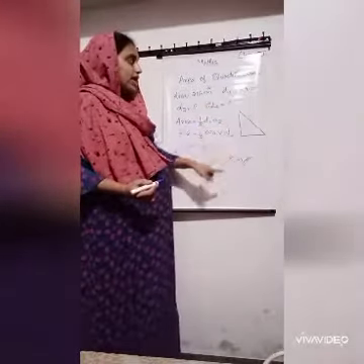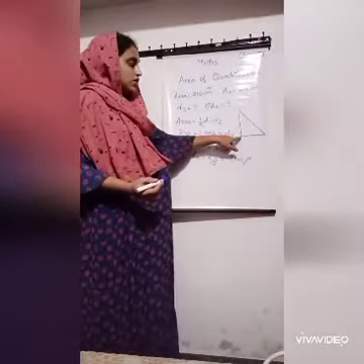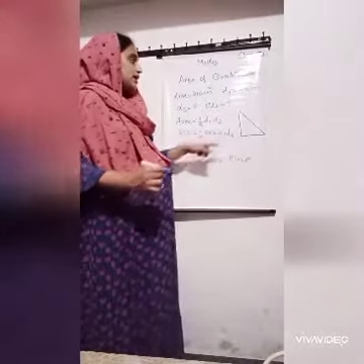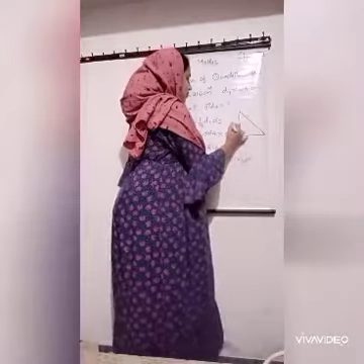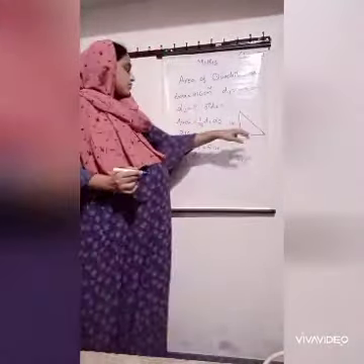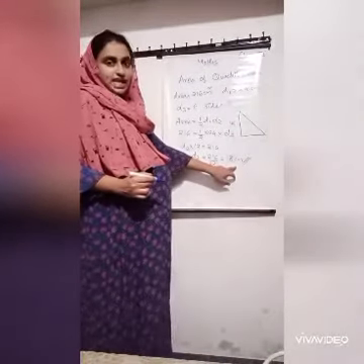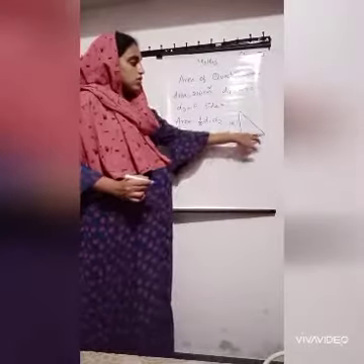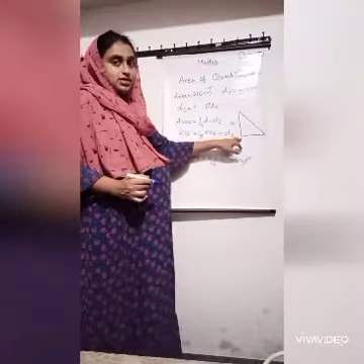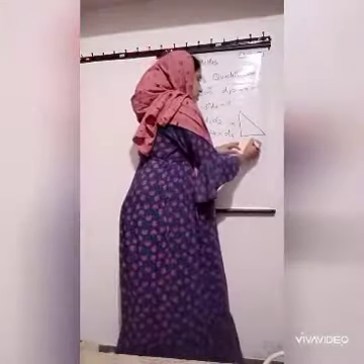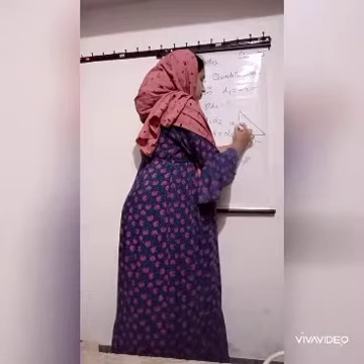The total diagonal length is 24. This is half of the diagonal, that is 12. Total length of D2 is 18 centimeters. So base is D2 by 2, that is 9 centimeters.